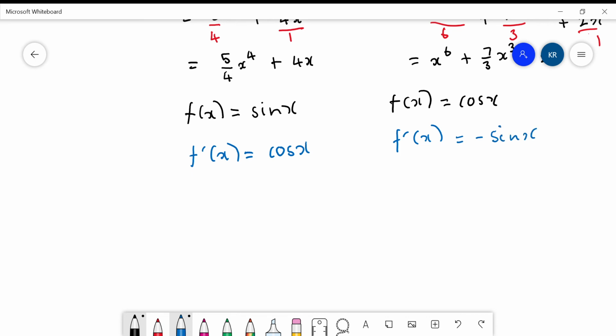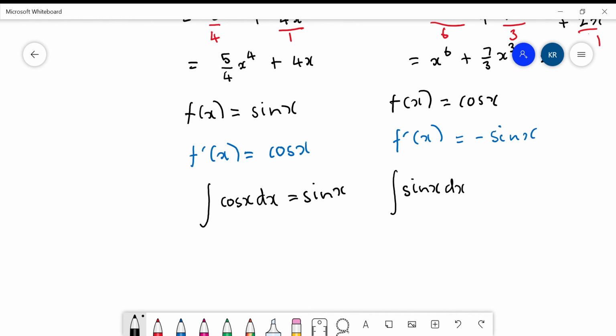Now, integration is the exact reverse. So if you have the integral of cos x dx, we know that if you differentiate sine x, we get cos x. So if we go back, we then get sine x. Then if we want to integrate sine x, the derivative of cos x is minus sine x, right?